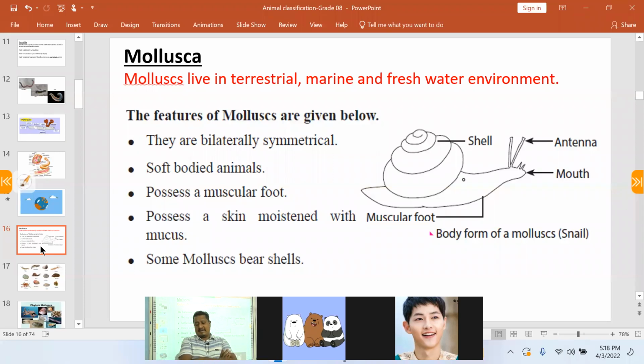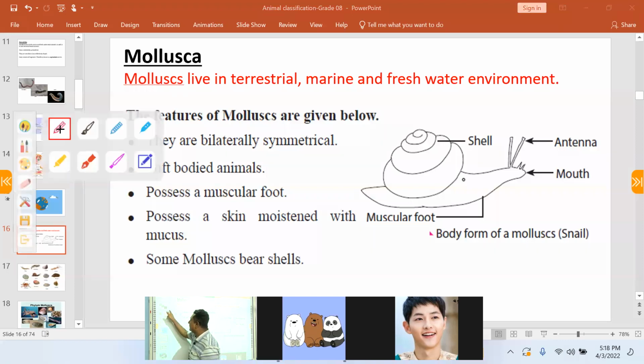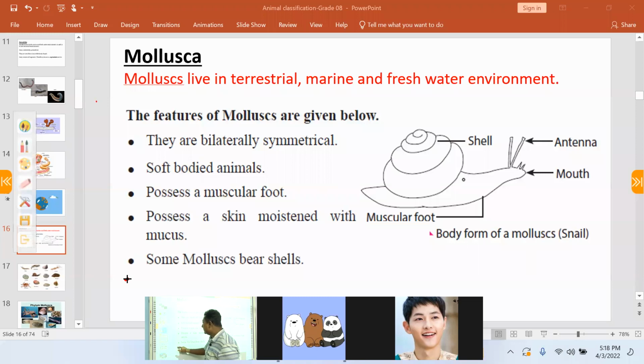So we say that they have an unsegmented body. It is not written here. It must be written: unsegmented body.